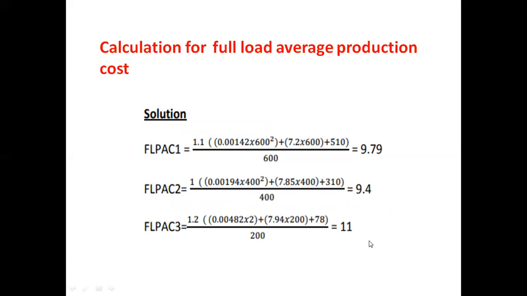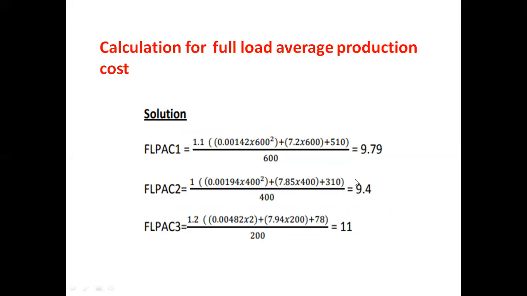If I want to give the priority, we give it to the unit which has the minimum value of average full load production cost among the 3. It is clear from the calculation that unit 2 has the minimum value.